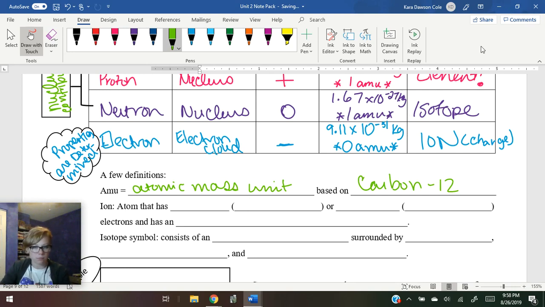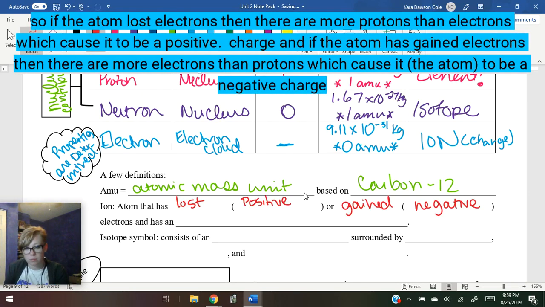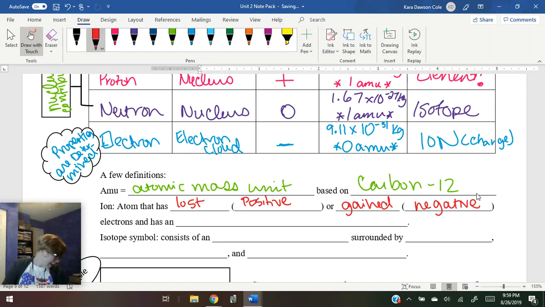Okay, so then we have an ion. An ion is an atom that has a different number of electrons. So it has lost, which means it's positive, or has gained, which means it's negative, electrons, and has a charge.